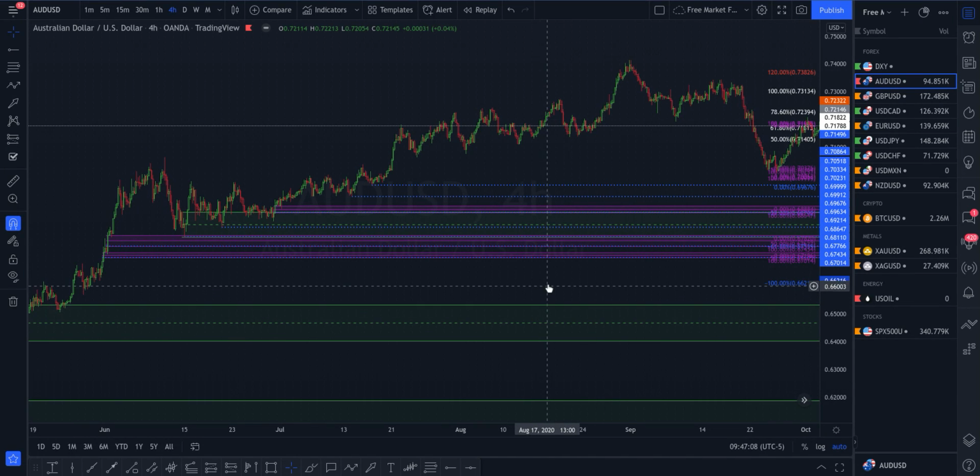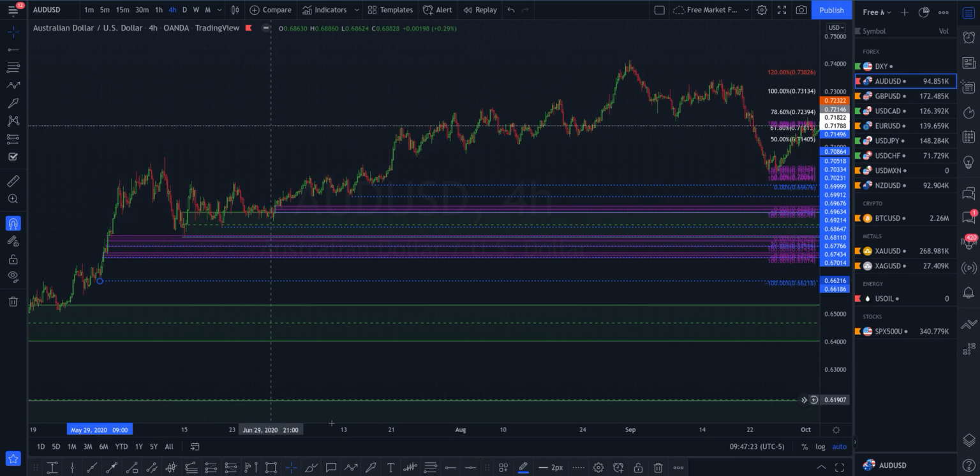Still not quite at the 100% mark. Let me use a couple of different lows, but partial profit there, partial profit there.